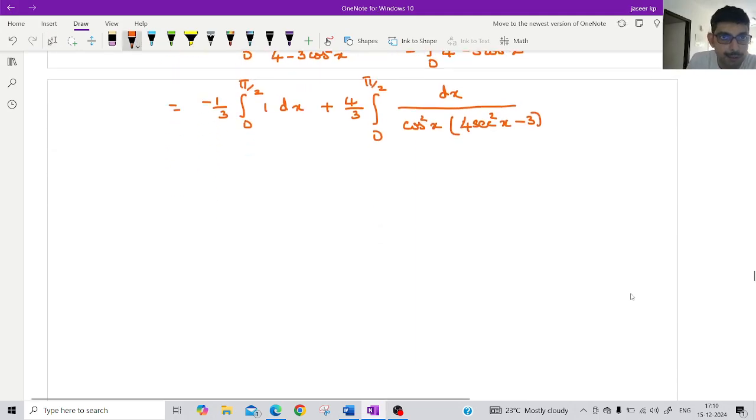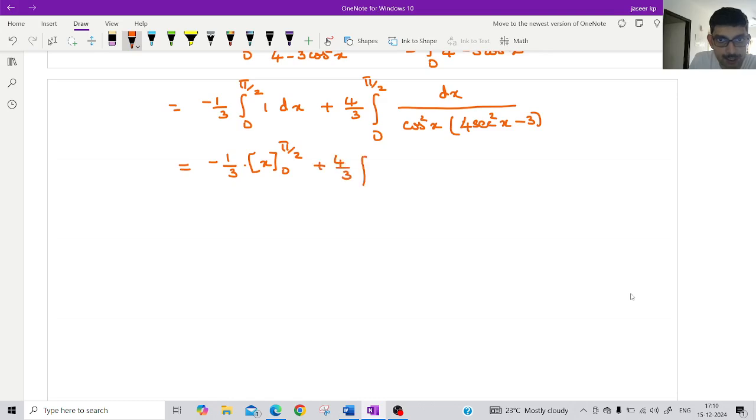Now for the first part it is minus 1 by 3 x, 0 to pi by 2, plus 4 by 3, and here also 0 to pi by 2, 1 by cos square x can be written as secant square x dx, and 4 into secant square x can be written as 1 plus tan square x minus 3.